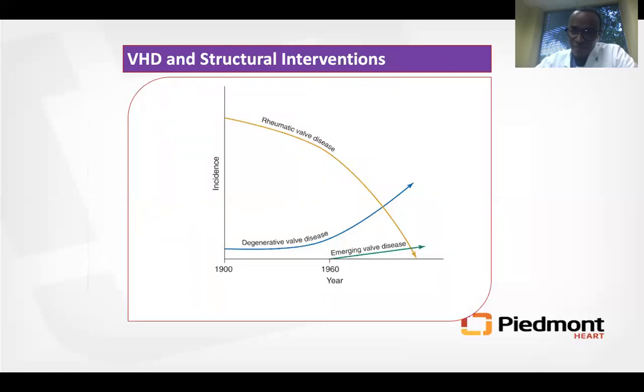It's very rare. However, as you know, I did my medical school in Ethiopia, so I do know that rheumatic heart disease is very, very common. On the other hand, degenerative valve disease is on the rise in the Western world, mostly due to calcific degeneration of the valve.